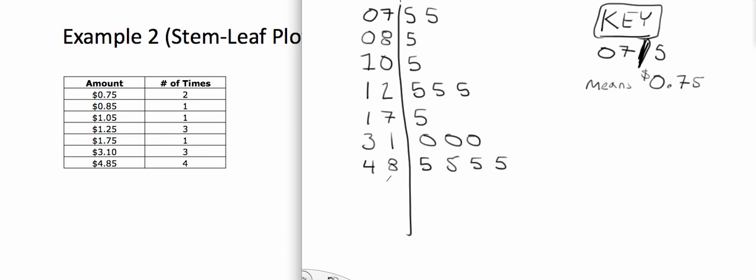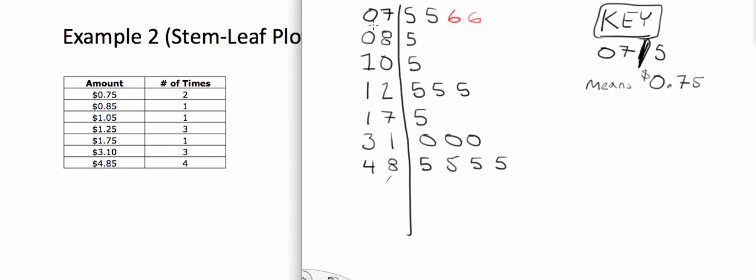Okay, so this looks a lot like a dot plot. You can replace these 5s with dots and it'd be the same thing, but we could have different types of data. If we had 76 cents, I could put a 6 tacked on right there.